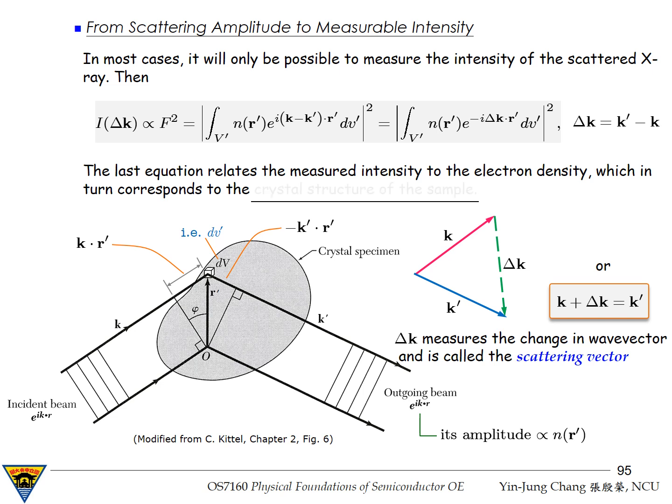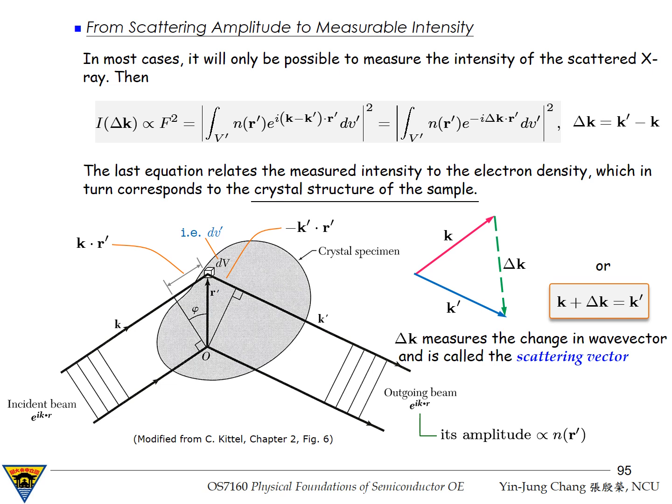This is a very important equation. It tells us that the measured diffraction intensity is the square of the magnitude of the Fourier transform of the electron density. So experimentally, diffraction gives us access not to the electron density directly in real space, but to its Fourier components in reciprocal space.